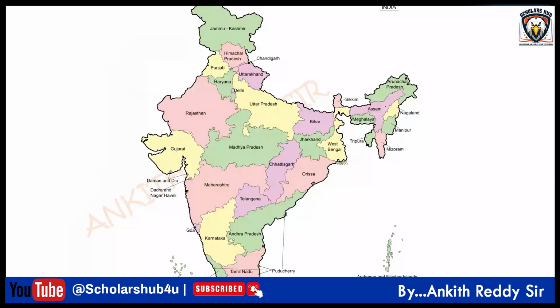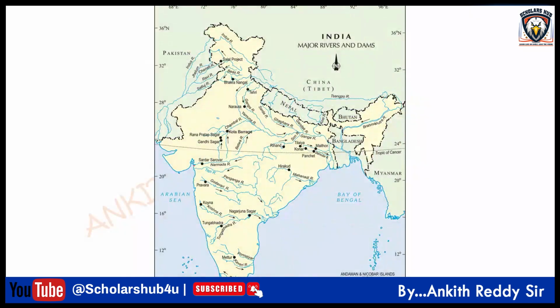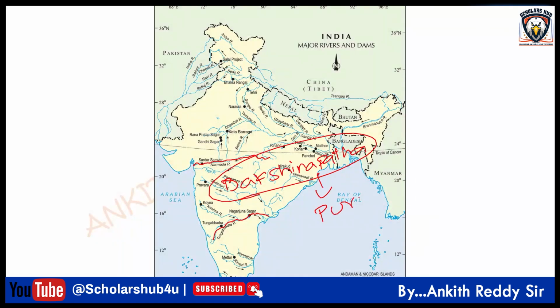The region between the Narmada River, can you see the Narmada River here? The region between the Narmada River and the Tungabhadra River. The region between Narmada and Tungabhadra was mentioned as the Dakshinapada. According to which scriptures? Puranas.